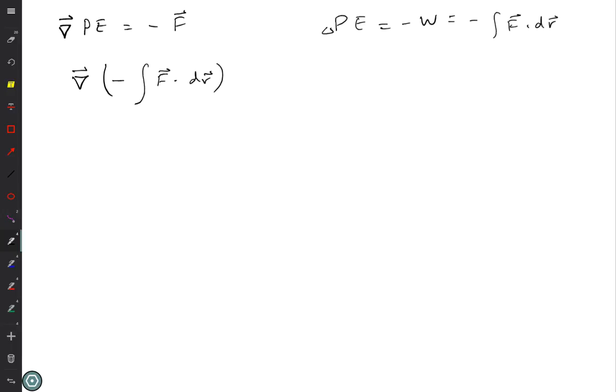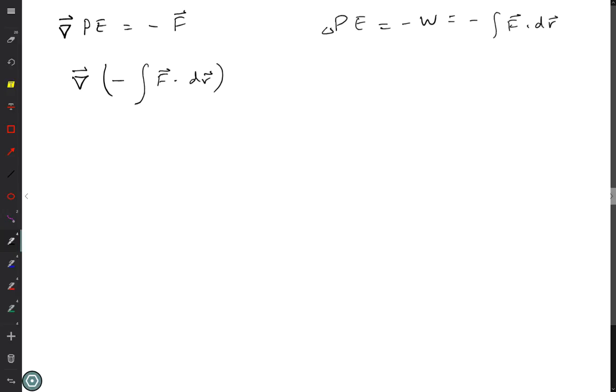Now, I did one thing that's a little loose. I dropped off the limits here, and instead of putting delta PE, I just put PE. So the gradient of potential energy is minus the force is our answer, and we want to see that this works out. We're not doing the mathematical proof of getting there. We're doing the mathematical check to see if it's correct.